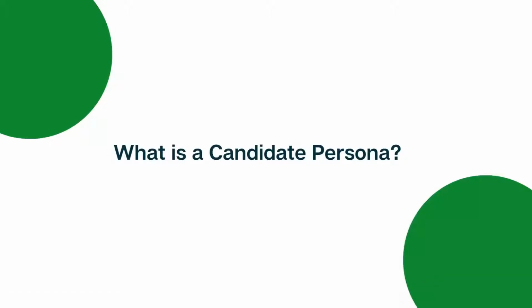So what is a candidate persona? It's kind of like an avatar. You are looking at who is your ideal candidate and really getting to understand them. You're also going to be locating them. So where do they hang out online? Where do they do their professional development?